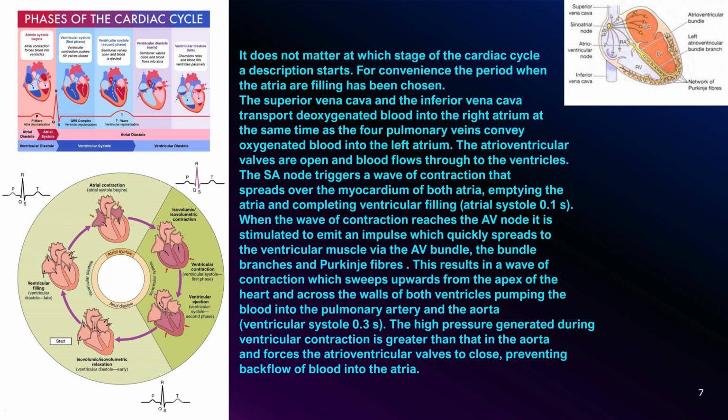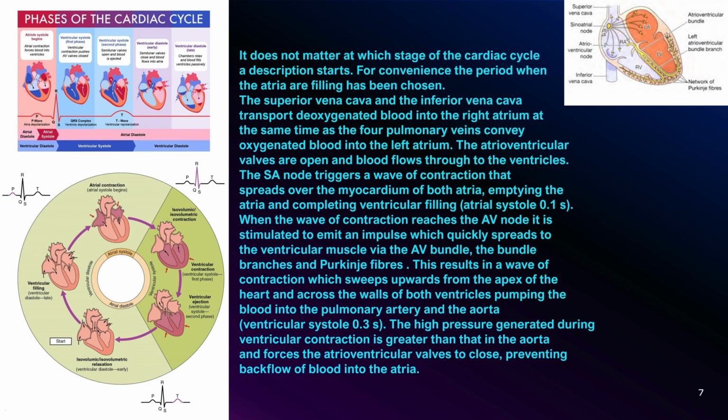When the wave of contraction reaches the AV node, it is stimulated to emit an impulse, which quickly spreads to the ventricular muscle via the AV bundle, the bundle branches, and Purkinje fibers. This results in a wave of contraction which sweeps upwards from the apex of the heart and across the walls of both ventricles, pumping the blood into the pulmonary artery and the aorta.